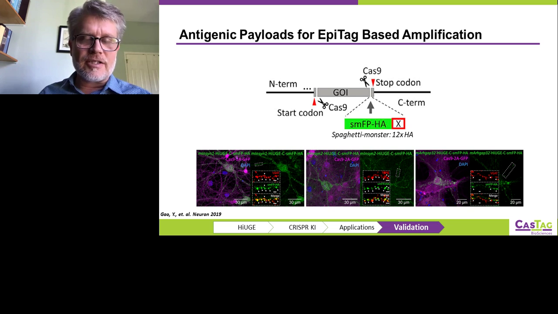So here are some examples down below where we've used this to tag several novel proteins that are localized at inhibitory synaptic contacts in primary neurons. I won't go through the names of these proteins. It doesn't really matter, except that we're labeling these with this highly antigenic sequence and then verifying that they do localize to these types of inhibitory synapses using a positive control antibody that we know works.